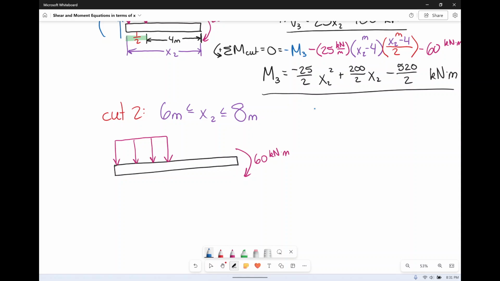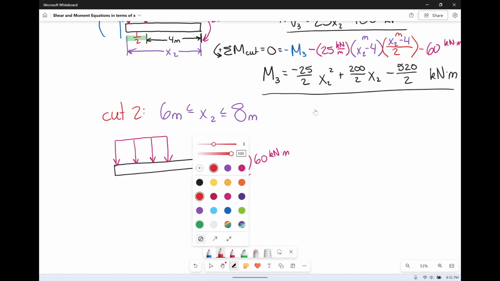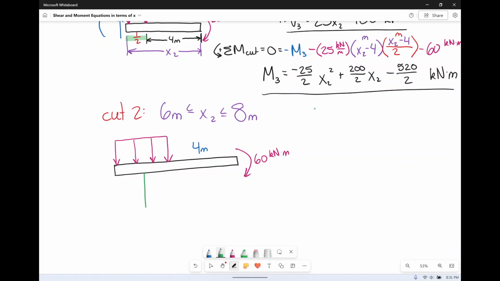Remember that this is technically 4 meters between those two. And then we've got our point load. I'm going to draw it a little bit more over here just to make sure that we know what we're looking at. This is 145 kilonewtons. And again, the distance from this to this is 2 meters.